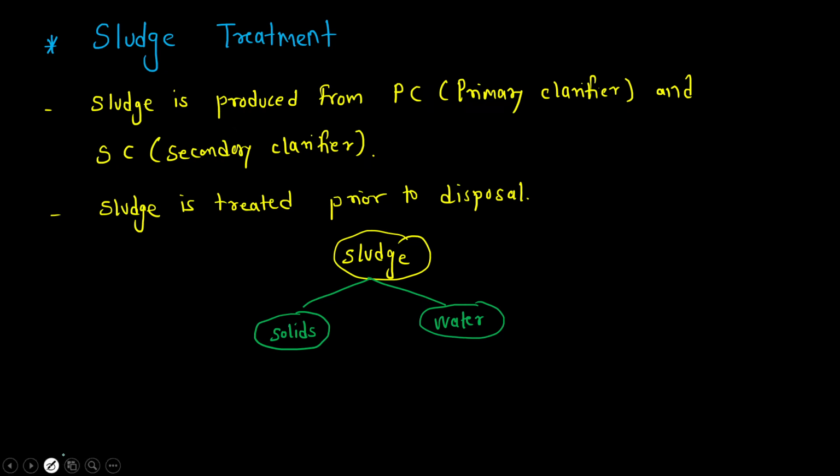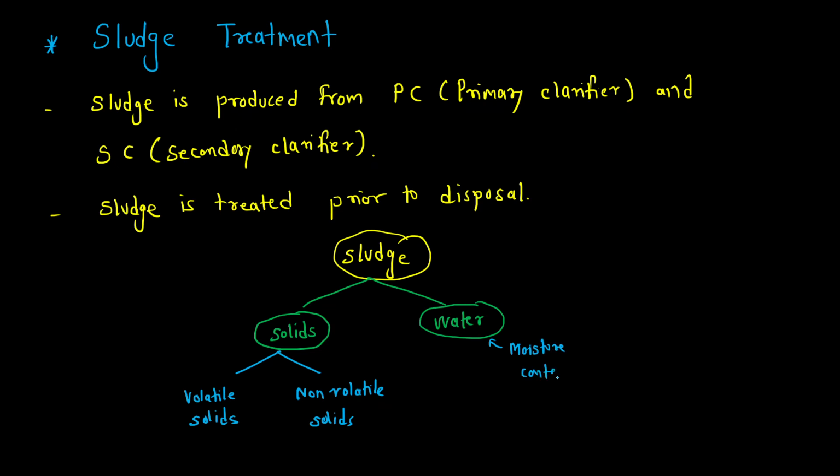Now these solids are further classified into two categories. One category is called volatile solids, and the second one is called non-volatile solids. The amount of water that is present in sludge, we will also call the moisture content present in sludge, and we are going to denote the moisture content by P, small p.